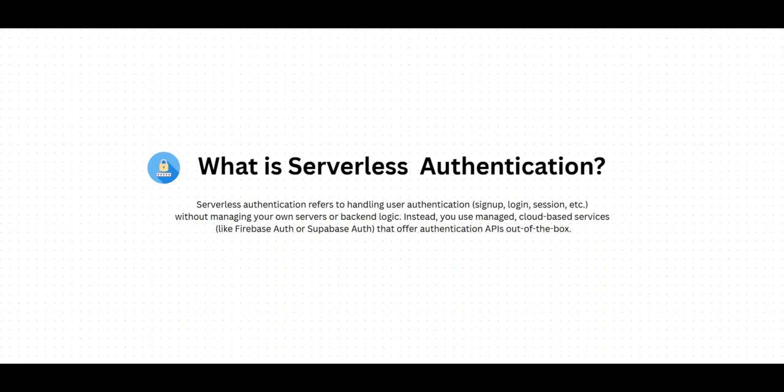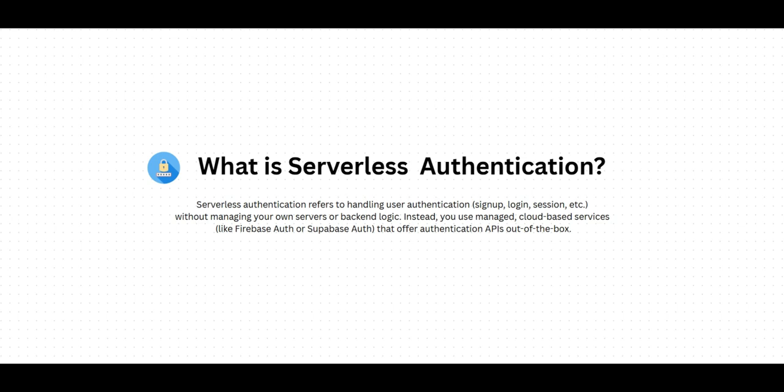Before we jump into the actual demonstration of how to use Firebase and Supabase with React, let's understand what serverless authentication actually is. Basically, serverless authentication refers to handling user authentication, like sign up, login and session management, without the need to manage your own server or write backend logic. Instead of building your own auth system from scratch, you use cloud-based managed services like Firebase Auth or Supabase Auth, which offer powerful authentication APIs out of the box.